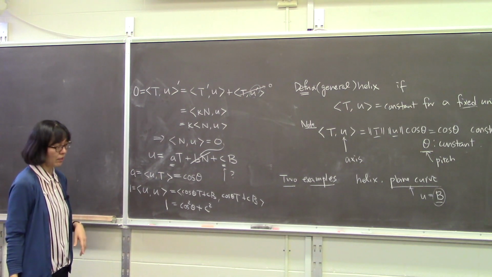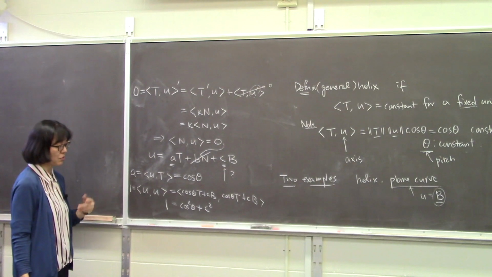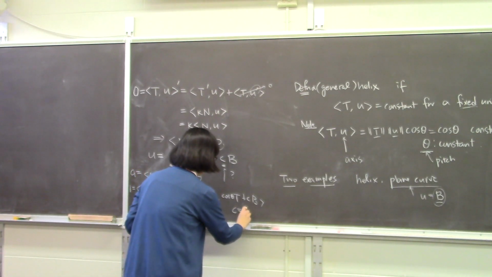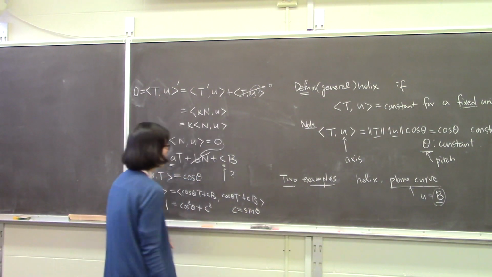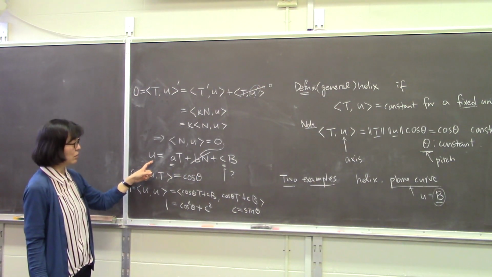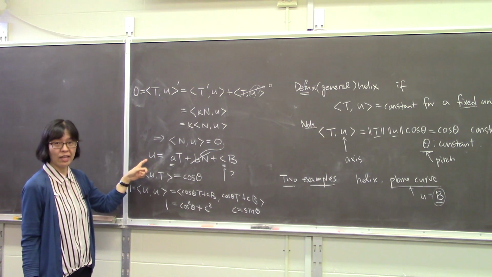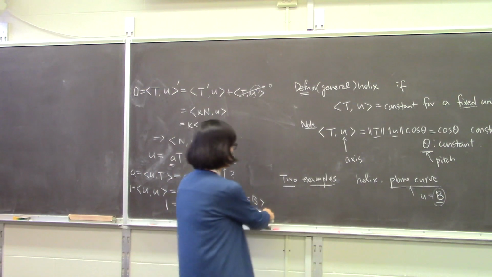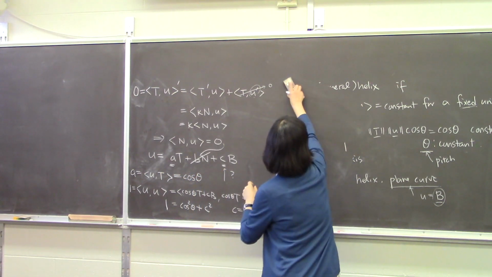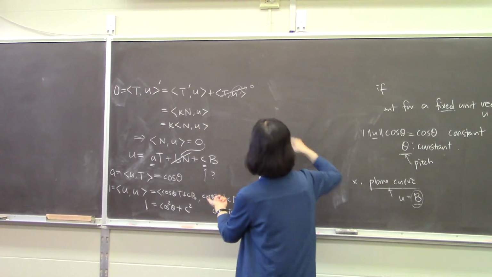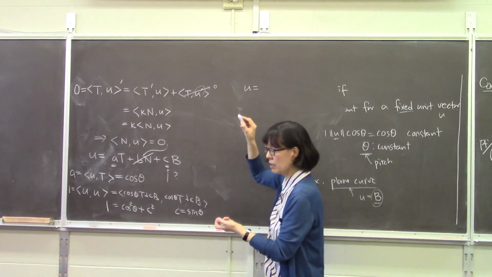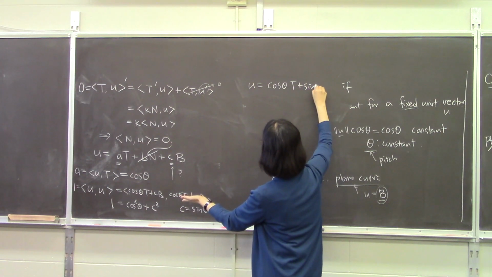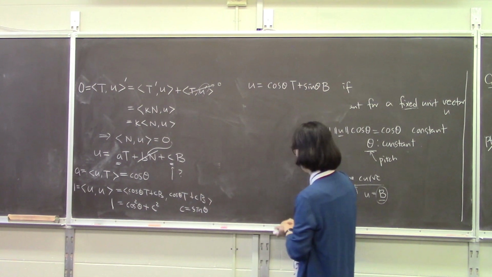So what can you use for c? Sine theta. So we determine the axis this way. It says that u, our axis of the helix, is cosine theta t plus sine theta b.